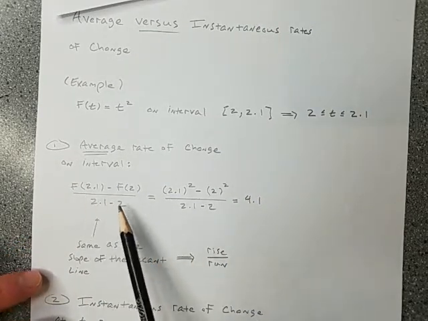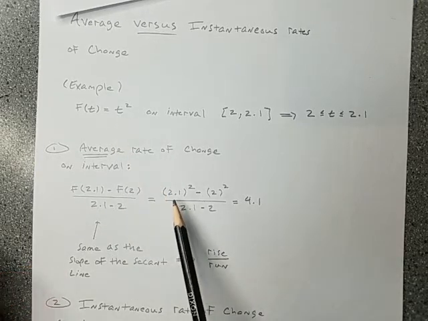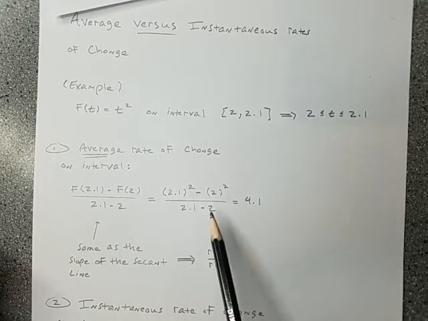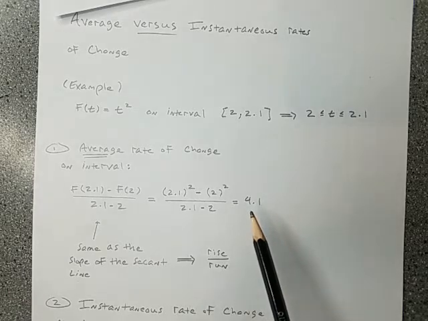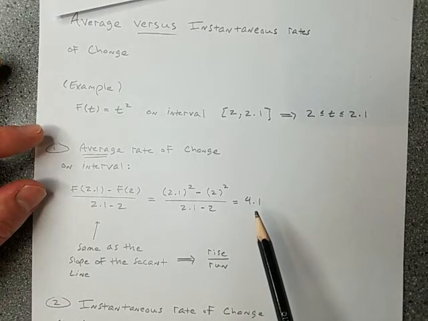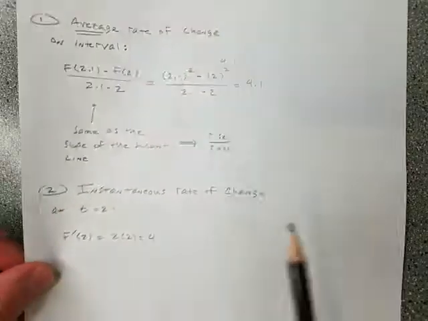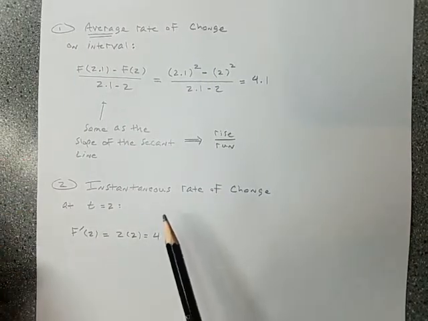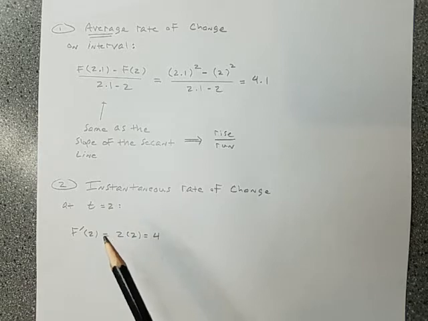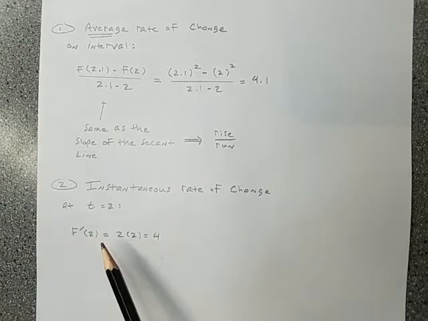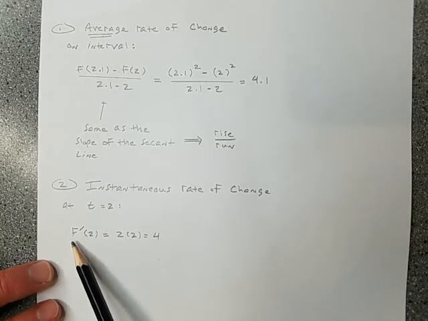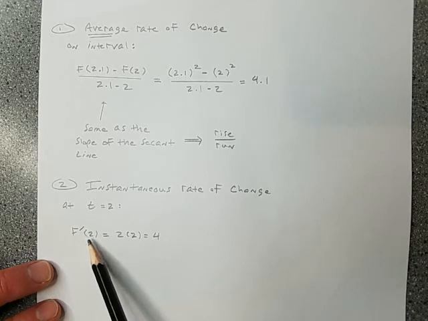So say we do all the math, the function is t squared, so that's 2.1 squared minus 2 squared over 0.1. It ends up being 4.1. That's what the average rate of change is on a given interval. What's the instantaneous rate of change at t equals 2? Well, it's easy for me to tell you that. It's the derivative, f prime at 2.